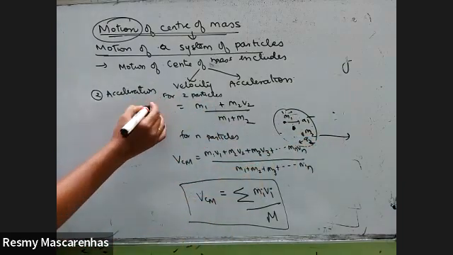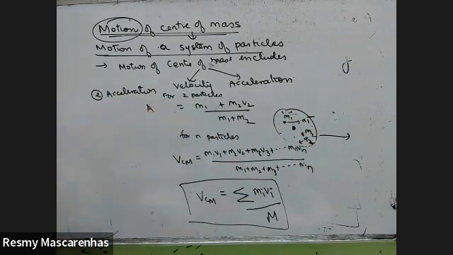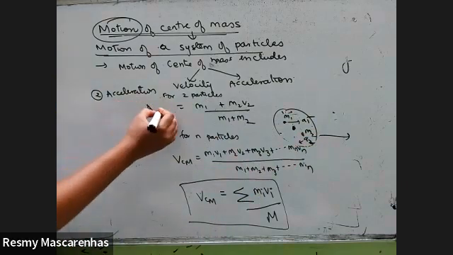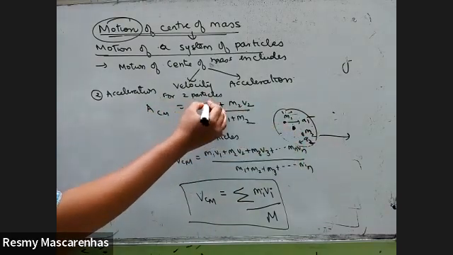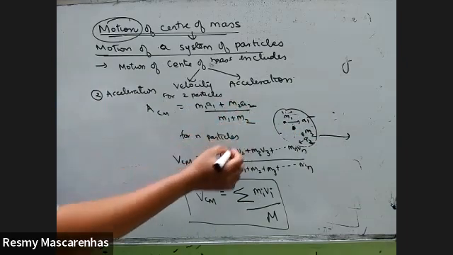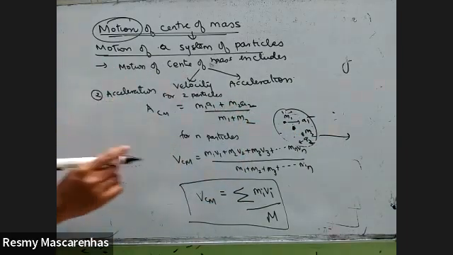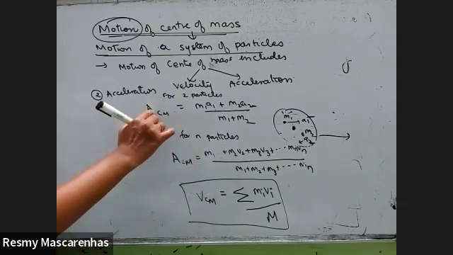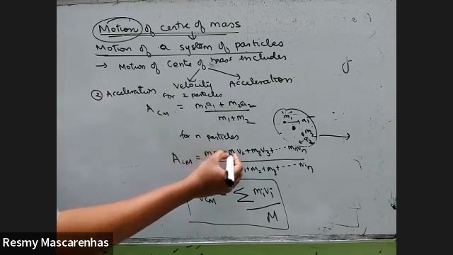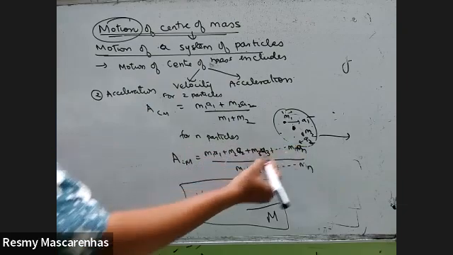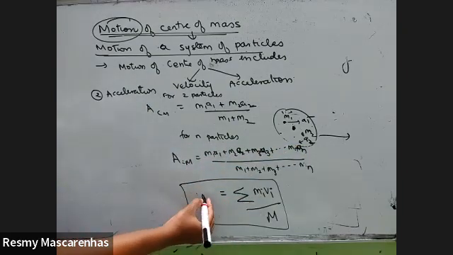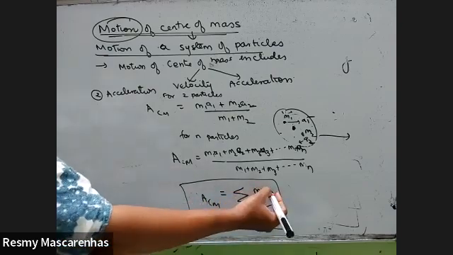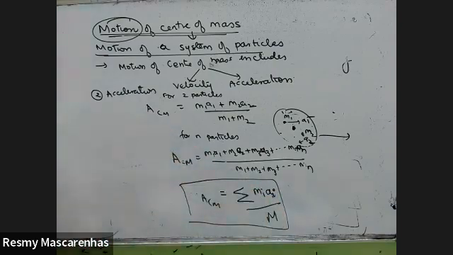So the average acceleration, the acceleration of the center of mass, will be the same with A instead of V. Even if you don't write CM, capital A is understood. That's the only difference. That is for acceleration, for two particles.